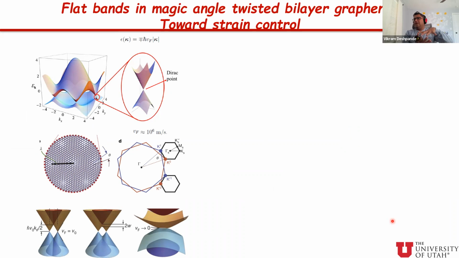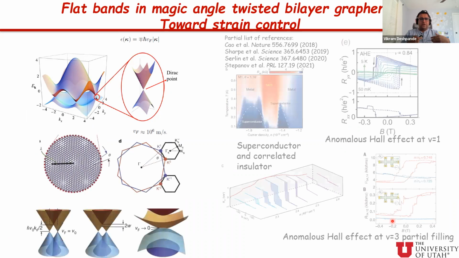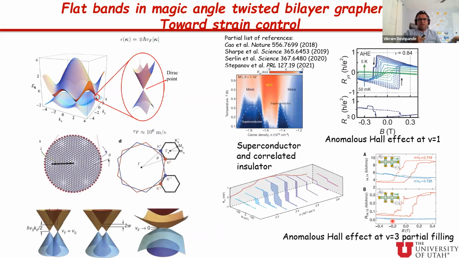But more interestingly, there is a twist degree of freedom in twisted bilayer graphene, which makes things a lot more interesting, right? And these are celebrated results now, that there is a specific angle called the magic angle, at which the bands go from being linear Dirac-like to being more or less flat, and then all hell breaks loose, right?